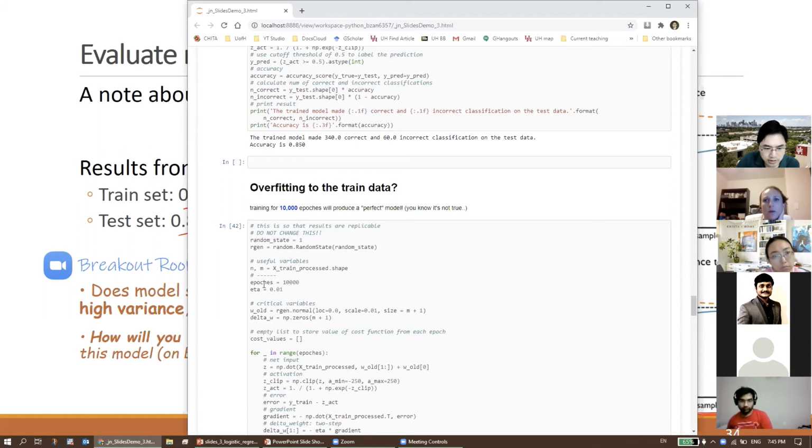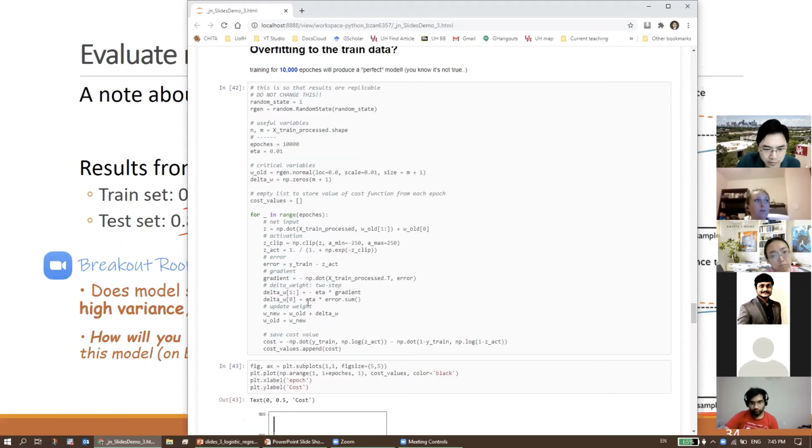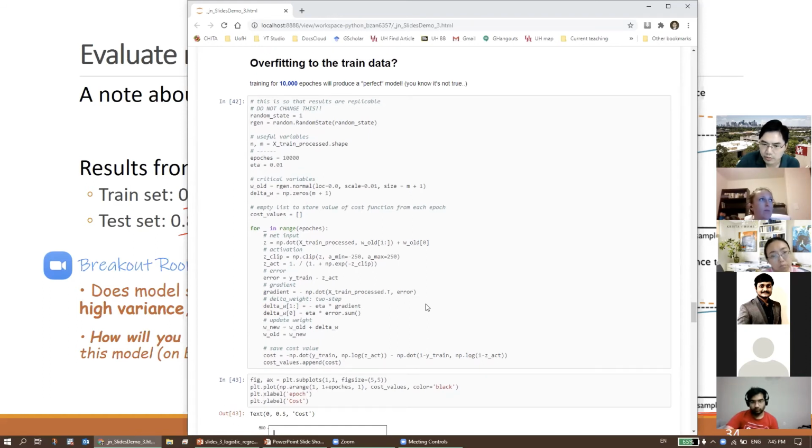The only change is the epochs. We change that to 10,000. Everything else remains the same. I combined the two cells, the initialization and the implementation together. And this probably ran for 15, 20 seconds, maybe, if I remember correctly, because the data set is not complex.